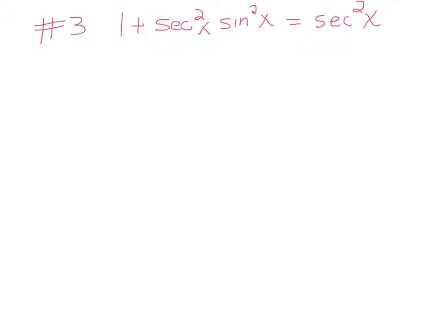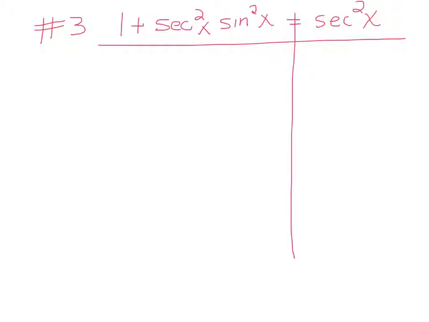Okay, so let's go ahead and do the t-table. And then we have on the left side 1 plus secant squared of x, and then times sine squared of x. So let's look at the formula chart.